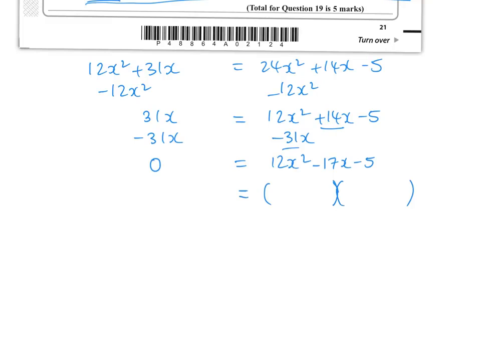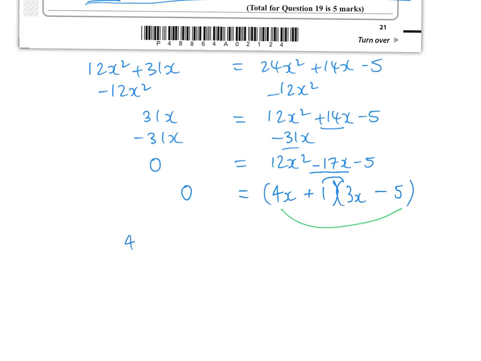And from that, we've got 4x, 3x, and we've got here minus 20x plus 3x will give us our negative 17x that we required here.